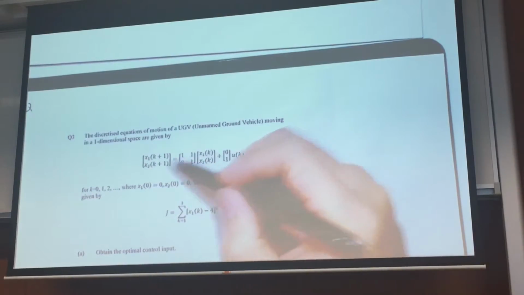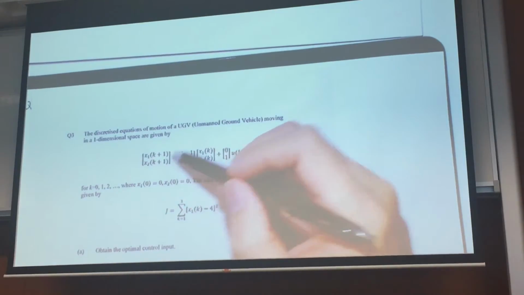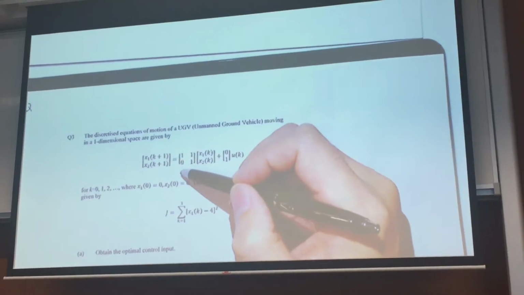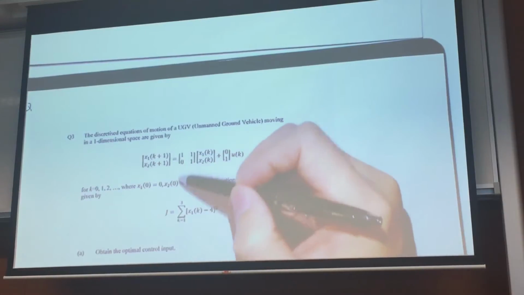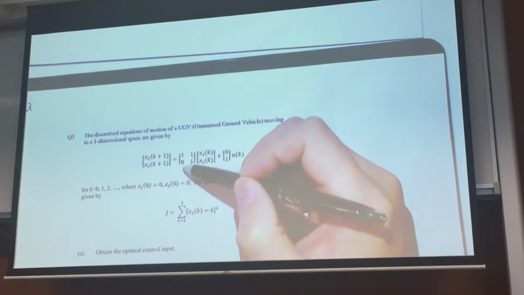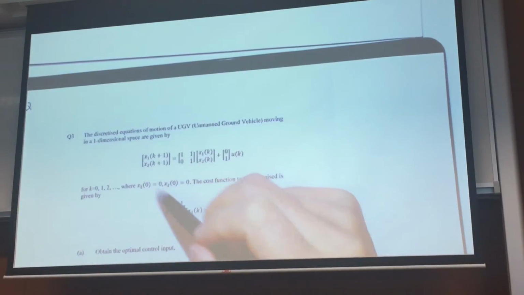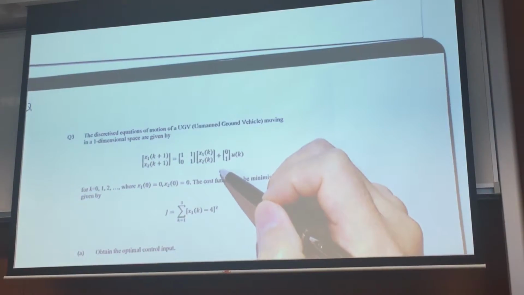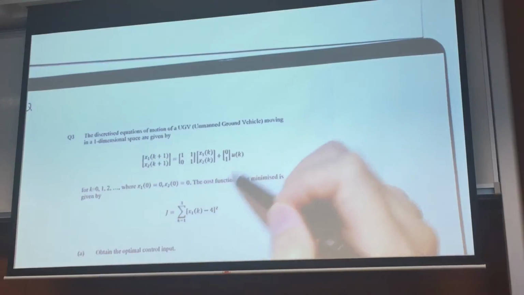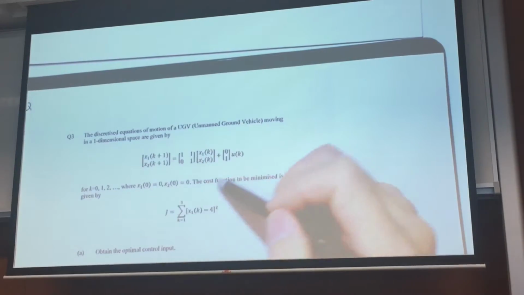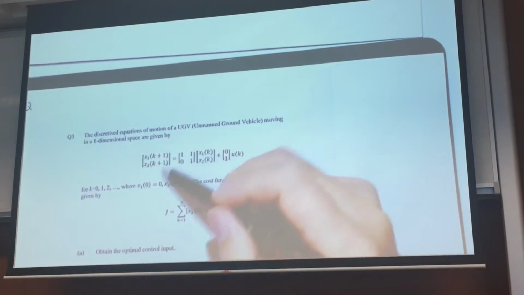For example, the first corresponds to the position, and the second corresponds to the velocity. You remember our example. In the example, we discretize the motion equation, and eventually we arrive at a difference equation like this.